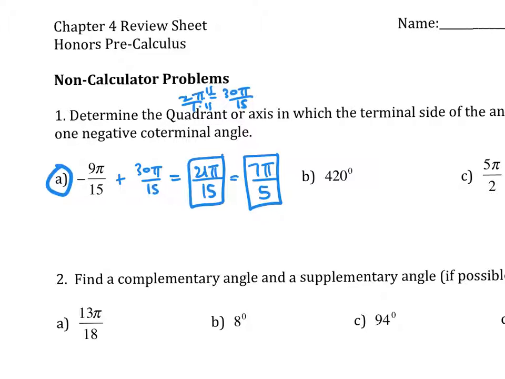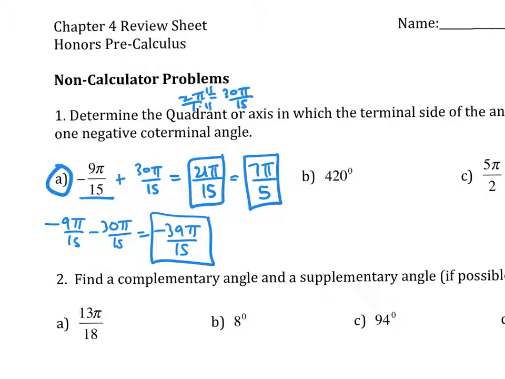To find a negative coterminal angle, I can take this angle and subtract 2 pi from it. So that gives me negative 39 pi over 15 as a negative coterminal angle. Or if I reduce it down, I get negative 13 pi over 5.